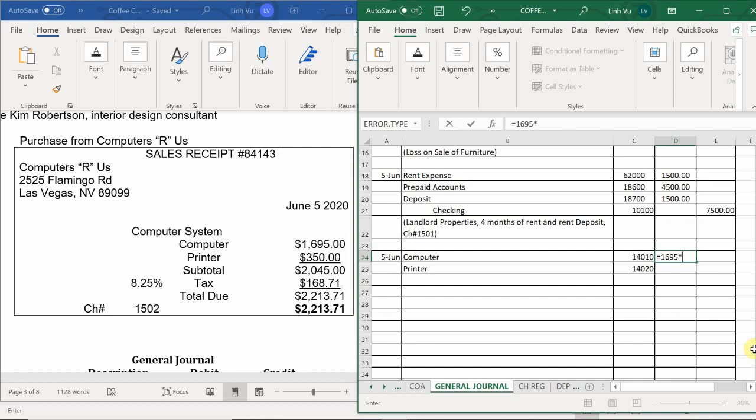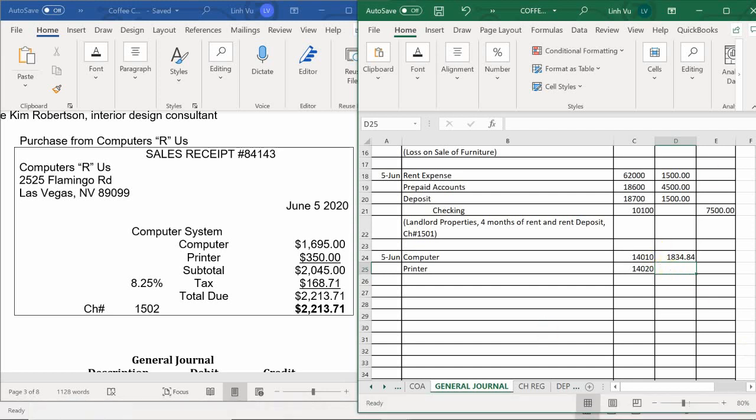So what is the actual true value of my computer? 1695 plus the tax is going to be 1834.84. Correct.